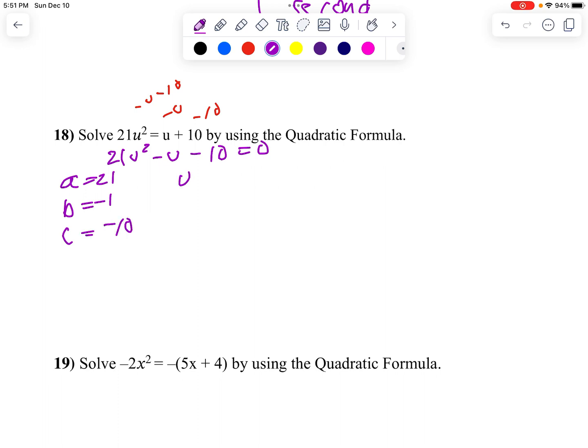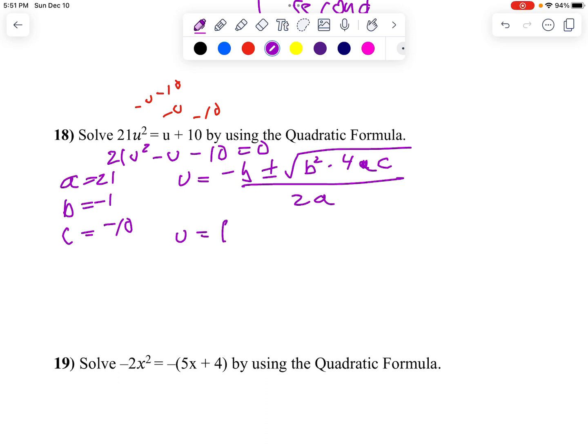So u equals negative b plus or minus the square root of b squared minus 4ac all over 2a. And I want the exact answer again.